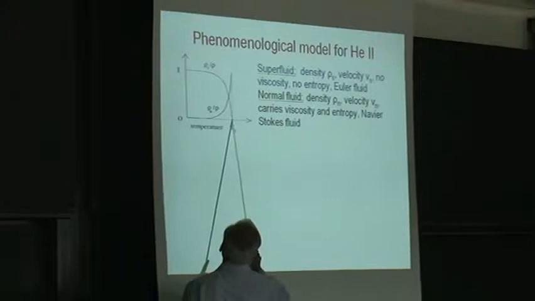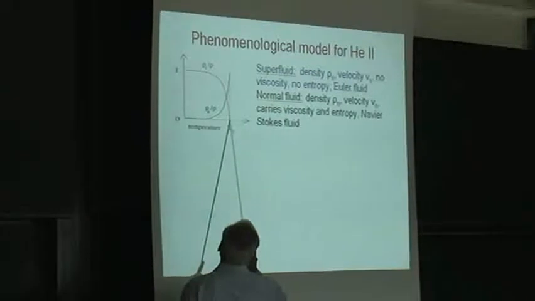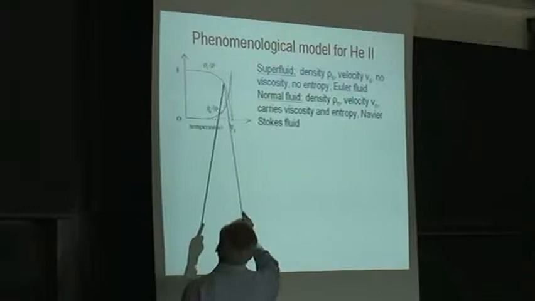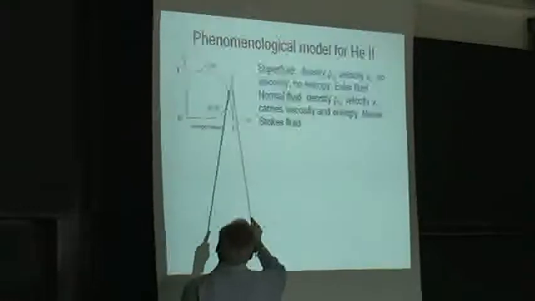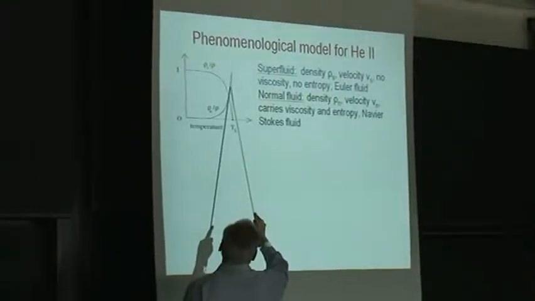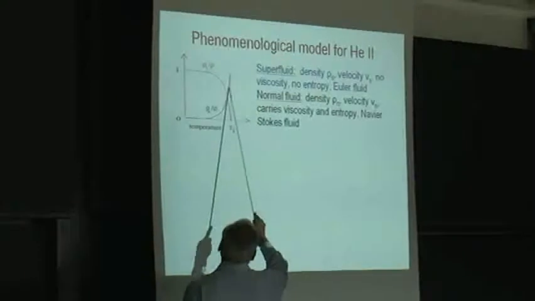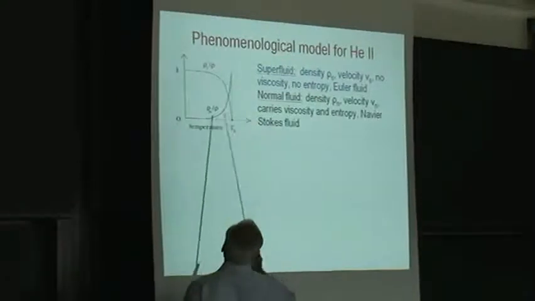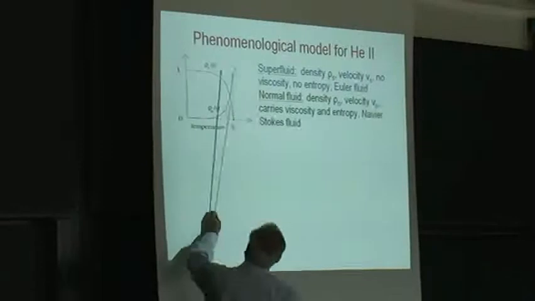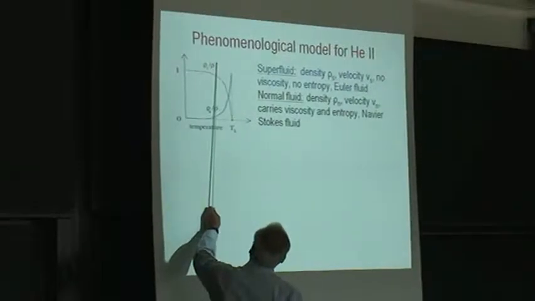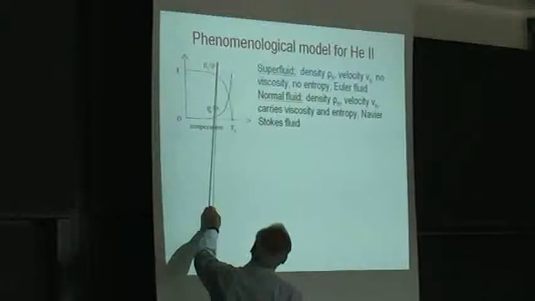The fraction of the superfluid is 0 right at the lambda point, but it increases as you go down in temperature. And the fraction of the normal fluid, that is the fluid that obeys the classical equations of motion, is 100% at the lambda line, and it goes down. So at any temperature like here, for instance, there's a certain fraction of the normal fluid and a certain fraction of the superfluid.